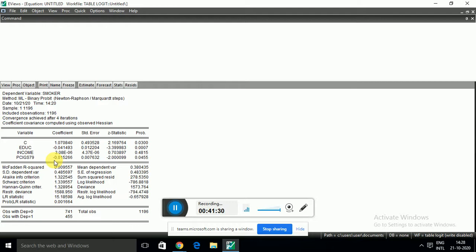But all this is saying is, with one more additional year of education, what is the probability of me trying to quit smoking. That is the linear probability model.